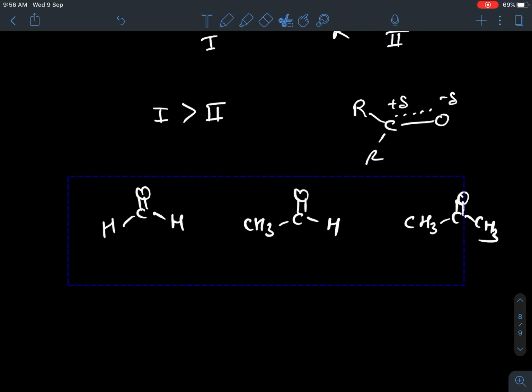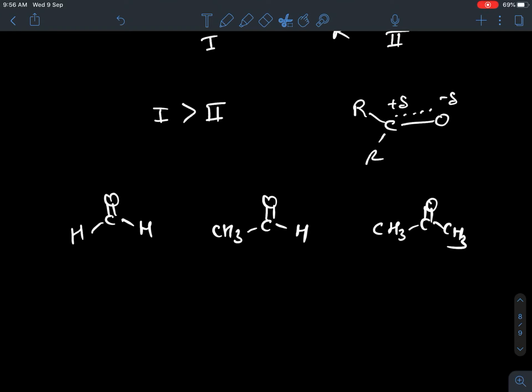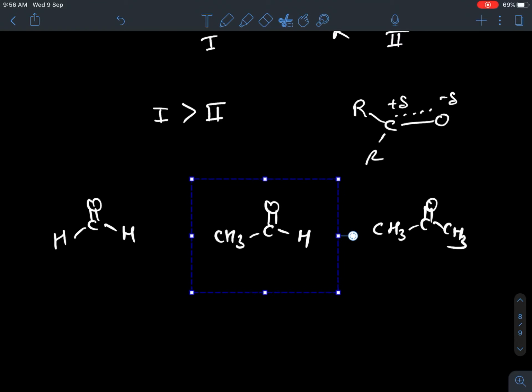Okay, before I proceed further in this lecture, I would request you to take a pen and paper and please note down this whole thing whichever I am going to teach, because this is very very important and this contains the fundamentals of the whole carbonyl chemistry.